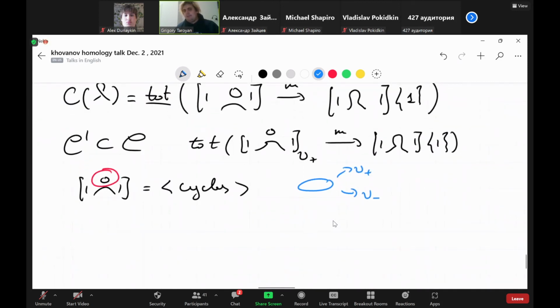And this subspace consists of those linear combinations where this particular cycle is marked by V plus. That's what is happening here. Is it clear? I can reiterate my point. So I believe yes. Okay.